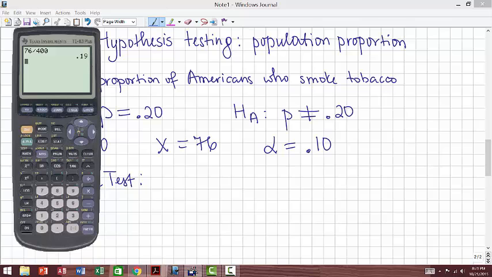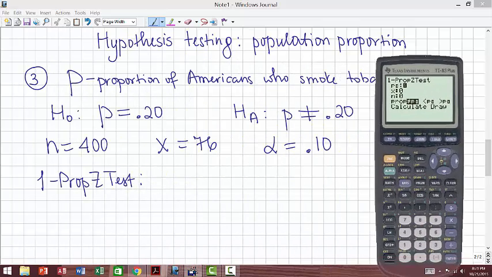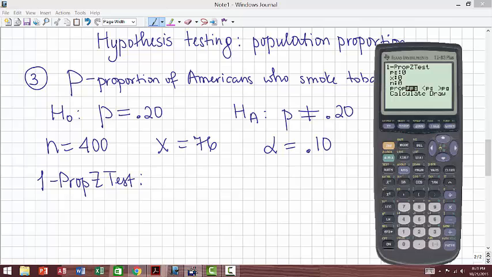Let's go to stat, test, and it's command 5. Then we have p naught, that is the value that's accepted to be true. x is the number of people that smoke tobacco, so this is 76. And the sample size is 400. The alternative hypothesis says not equal, so that's good.